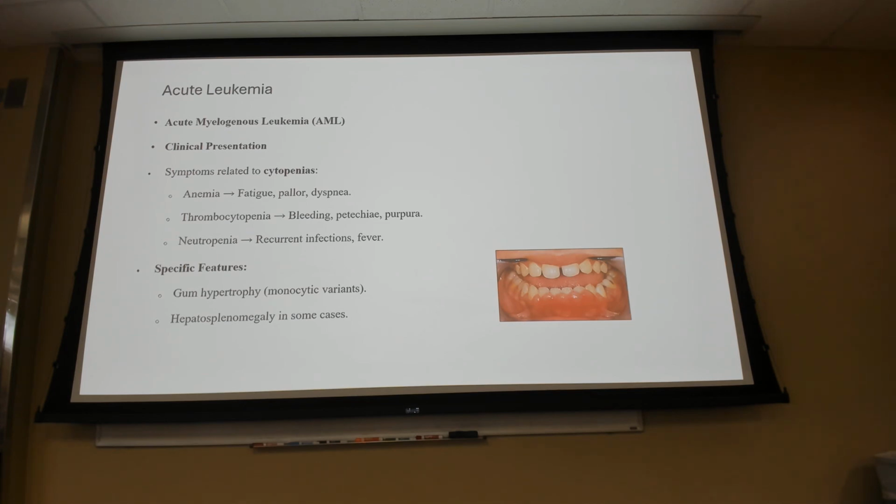Yes, they could have a lot of super immature cells. If they don't have mature neutrophils, then they're neutropenic. What's the job of the neutrophils? Fighting infection. So they get recurrent infections because they're neutropenic.